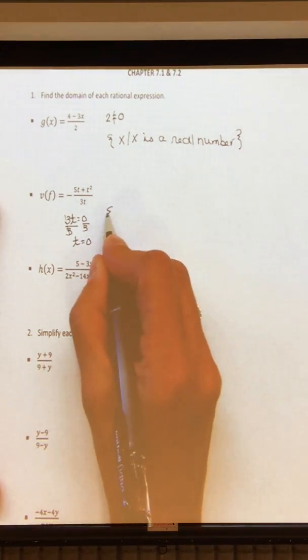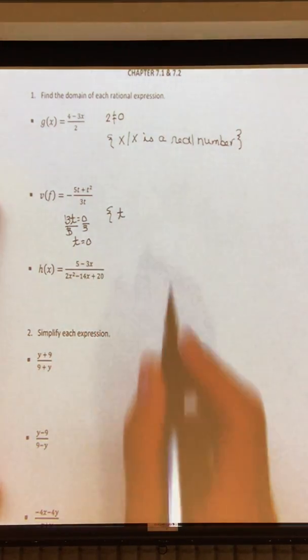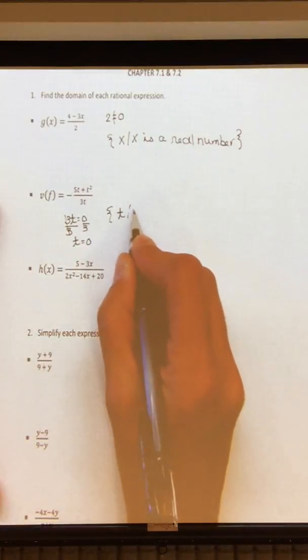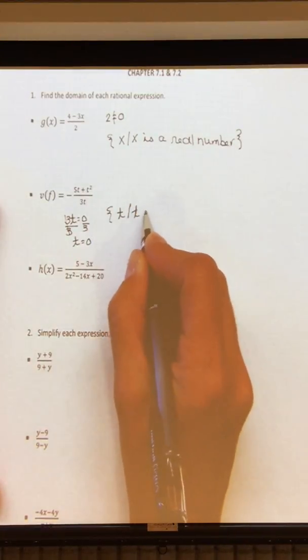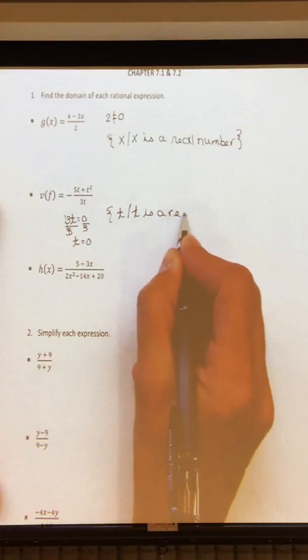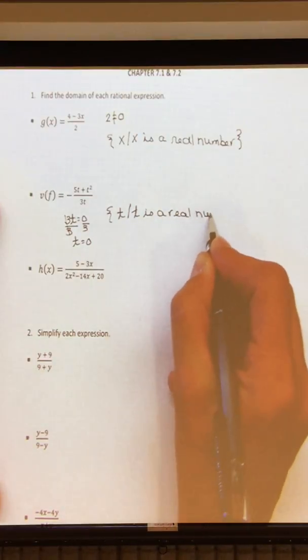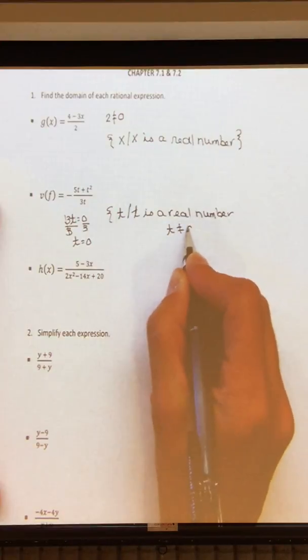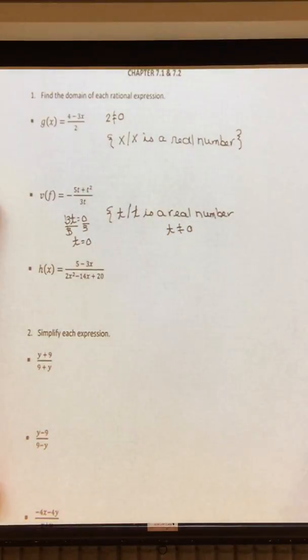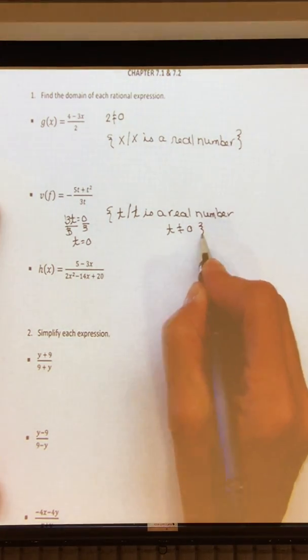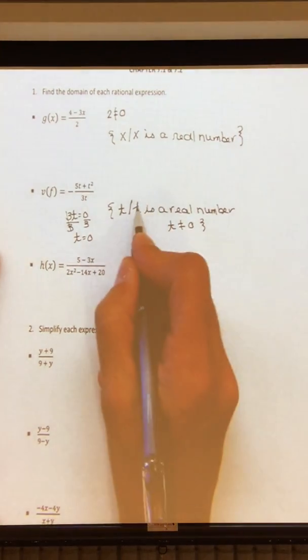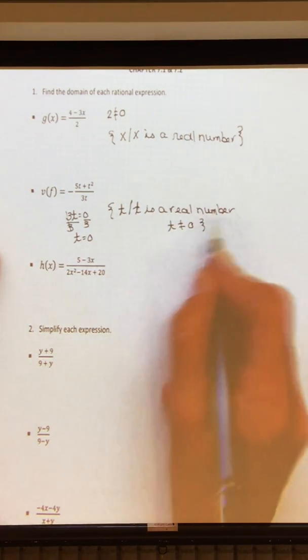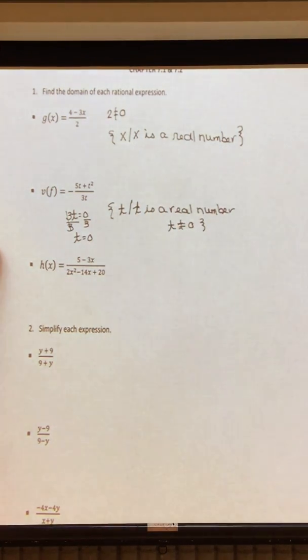So for every value of t, t is a real number, and it cannot equal 0. Okay, that is your final answer for every value of t, t is any real number except 0.